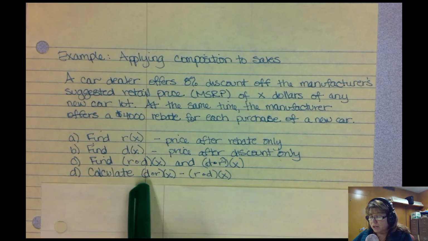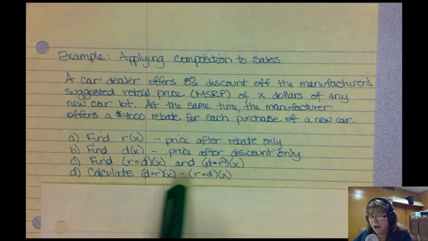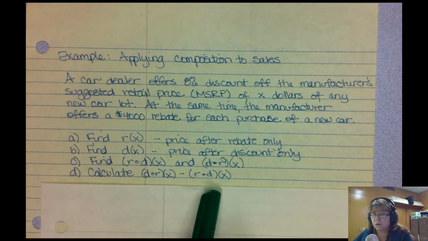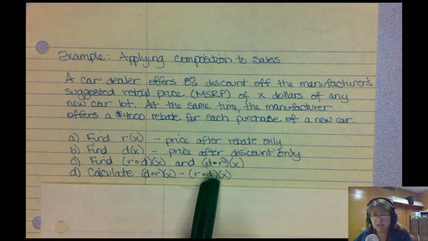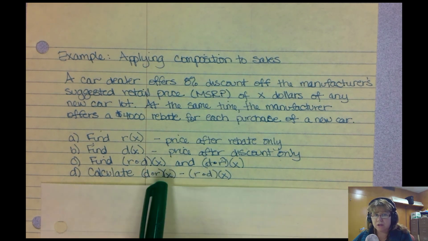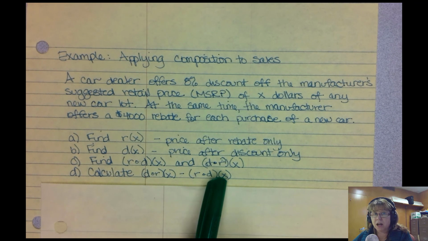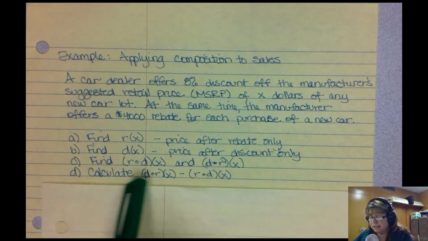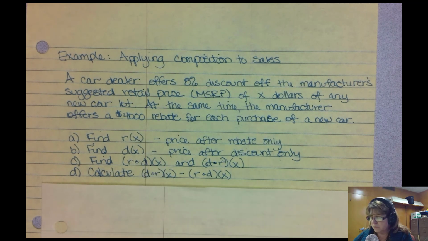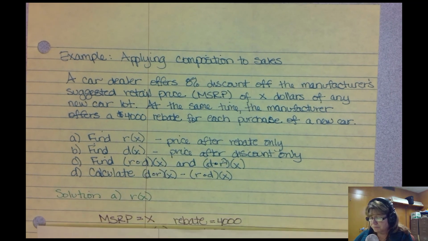Then we're going to subtract the two, and if this is not 0, then these two are not equal to one another. If they are the same, then it's going to be whatever it is minus whatever it is, and that would be 0. So if these two compositions are exactly the same thing, when we calculate D, it's going to be 0.